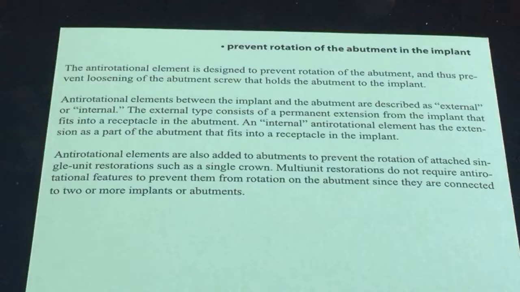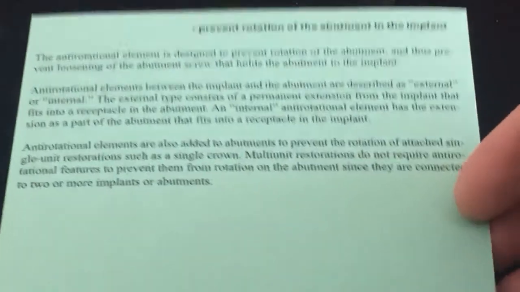Multi-unit restorations do not require anti-rotational features to prevent them from rotation on the abutment, since they are connected to two or more implants or abutments, and this gives the stability that they need.